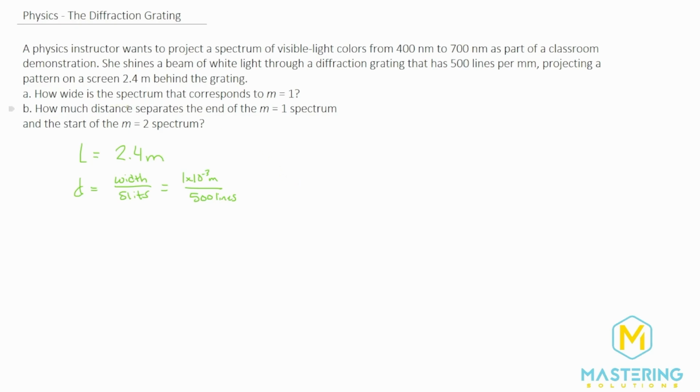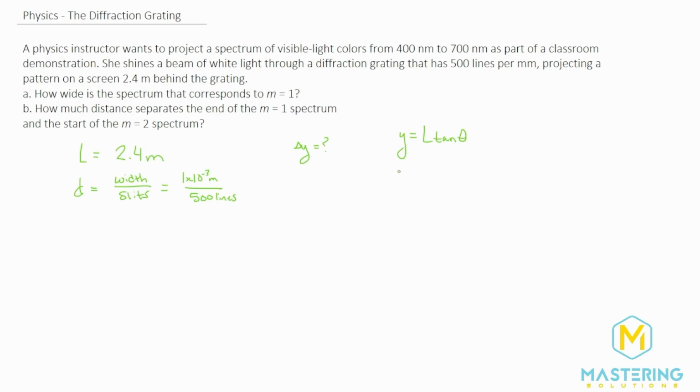We need to figure out how wide are the spectrums for the different m values. So that's going to be the delta y. And to find delta y, we're going to use two equations. The first one is, of course, y, and that equals L times the tangent of the angle. But we don't know what theta is.